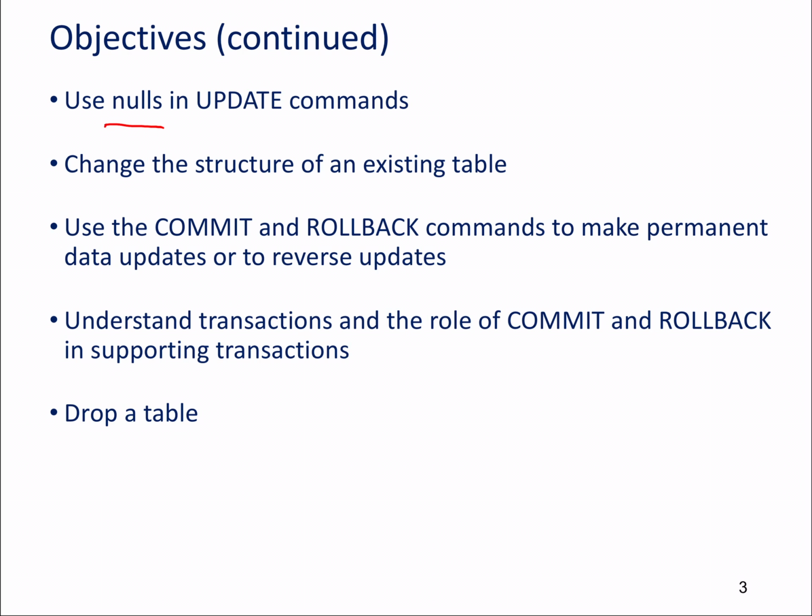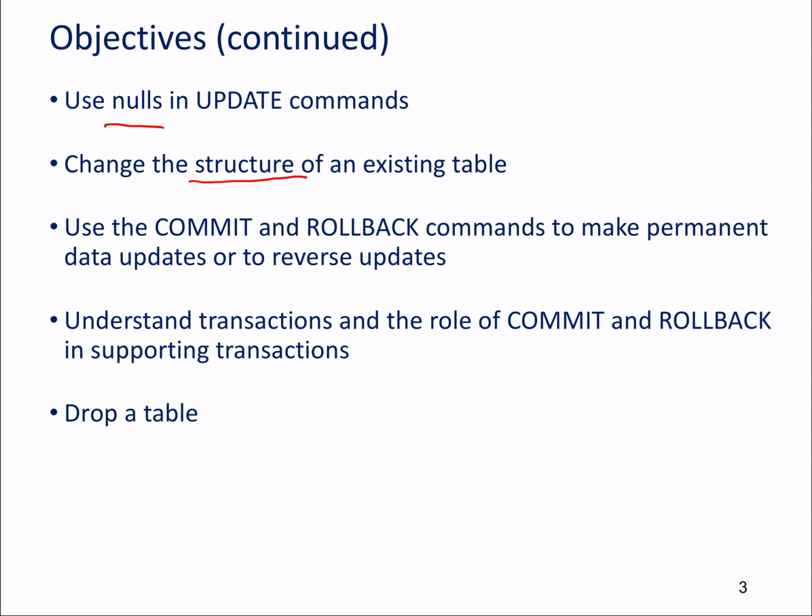And we're also going to learn how to change the structure of the existing table. Sometimes you will encounter a lot of updates or operations in a table. In order to prevent mistakes or interference by multiple users on a table, the database has a concept called transaction.